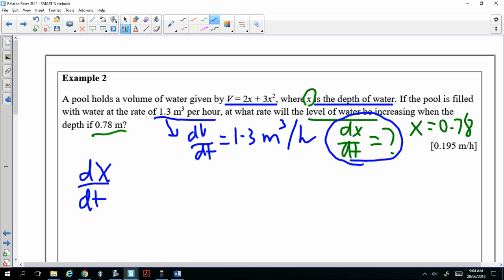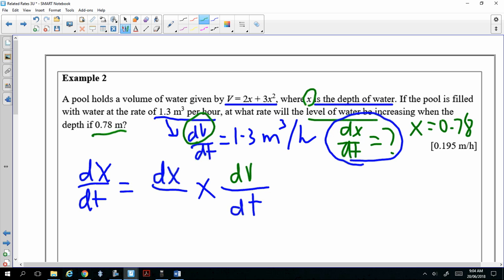Again, write it as a product of 2 fractions. The numerator goes in the numerator of the first fraction. The dt goes in the denominator of the second fraction. And the level of water is related to the volume. So put the dV here, put the dV there. There's the equation we're going to use.